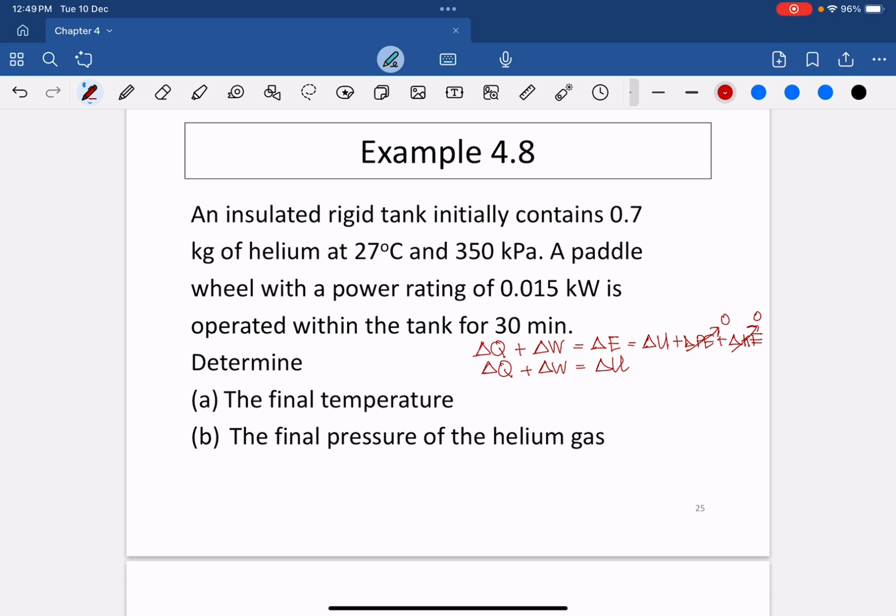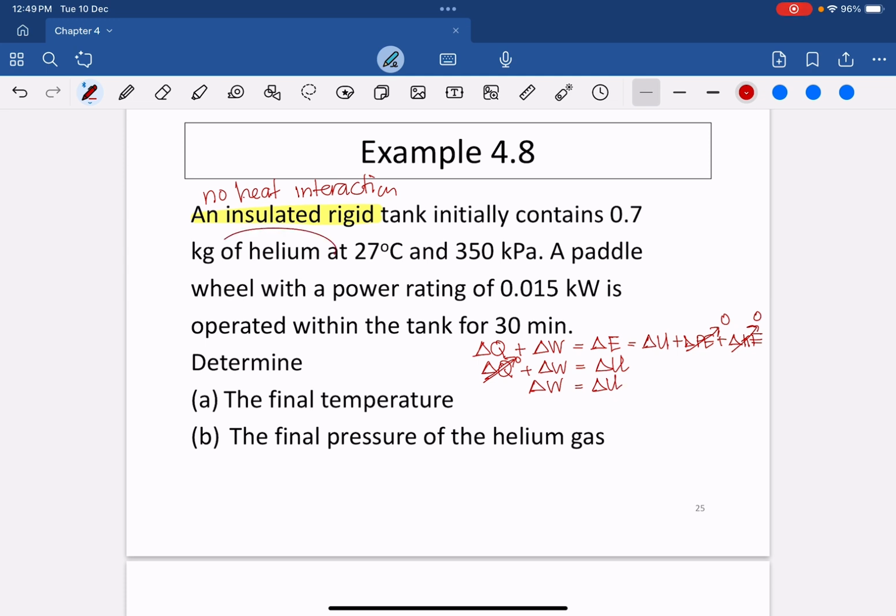Since the system is insulated, there is no heat interaction, so Q equals 0. What is left is the work interaction, which changes the internal energy.